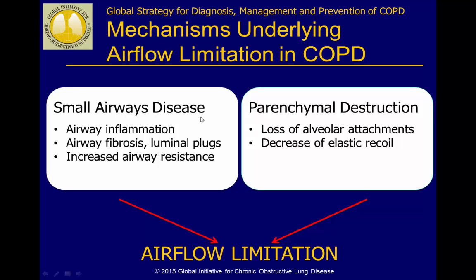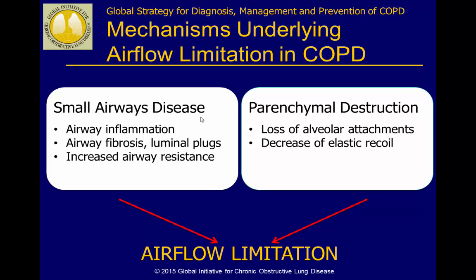So the mechanism underlying COPD: basically, again, the patient is exposed to inhaled toxins that trigger an inflammatory response in the airway. This could be the small airways producing inflammation, fibrosis, and mucus plugs due to the amount of secretions that they harbor, and also increased airway resistance.